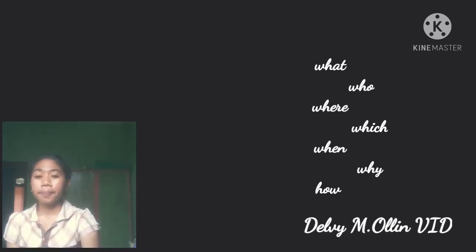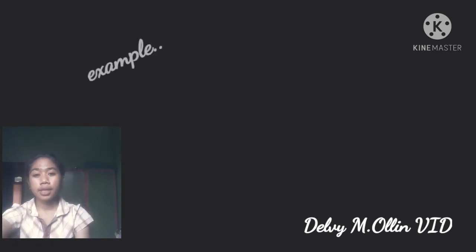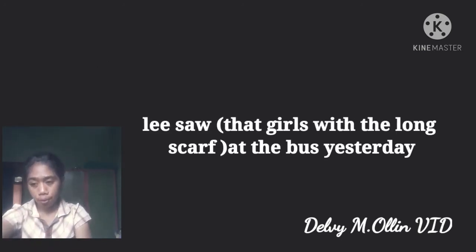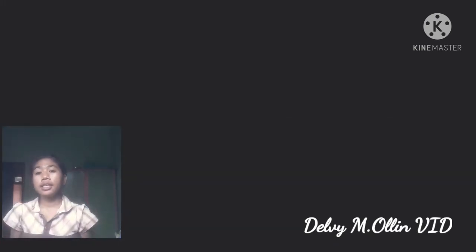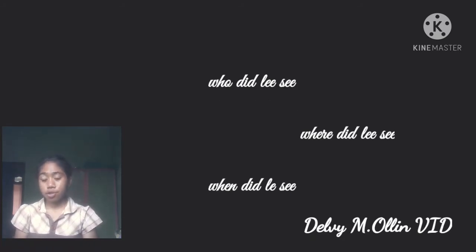The example is like this: Liz saw the girl with the long scarf at the bus yesterday. The girl, we change it with WH construction, using the word who, like this: who did Liz see, and where did Liz see.